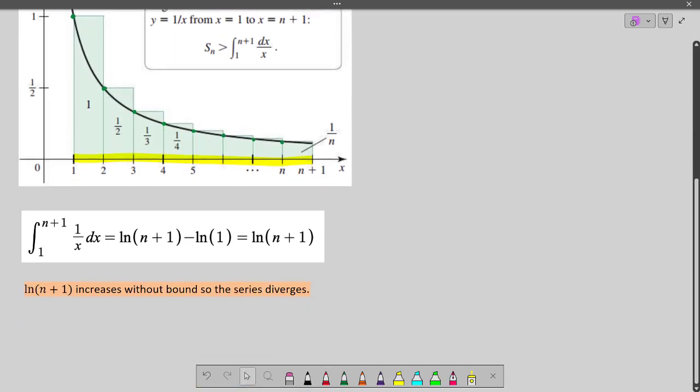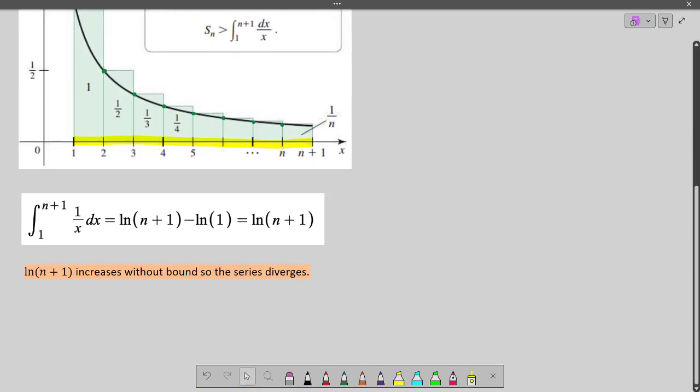So then we come down here and we say, okay, well, what's the integral? What's the area under the curve? The function is 1 over x. We know that the integral of 1 over x is natural log of x. Natural log of absolute value of x, but we're dealing with positives, so we don't need the absolute value. Plug in the upper limit, plug in the lower limit, and we get this, and this goes to infinity.